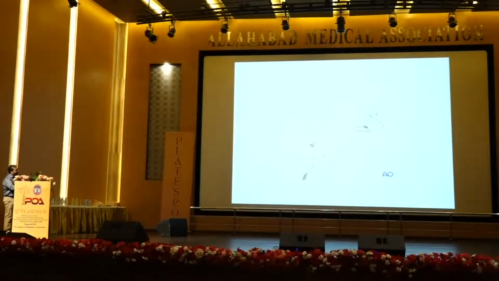We should put a screw to hold these fragments together, running from posterior to anterior, from lateral to medial direction, making sure that we are not impaling the tibial artery or tibial nerve.